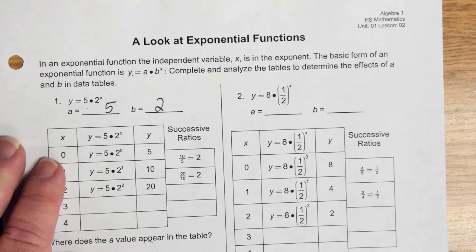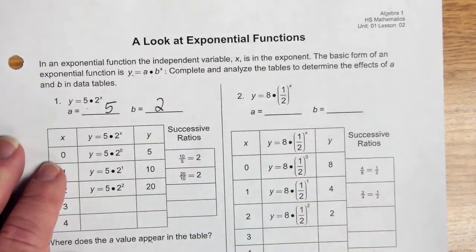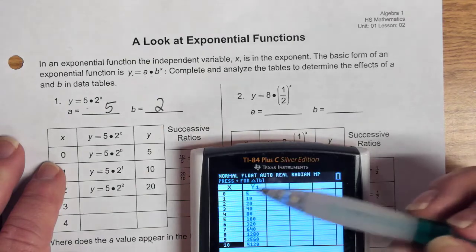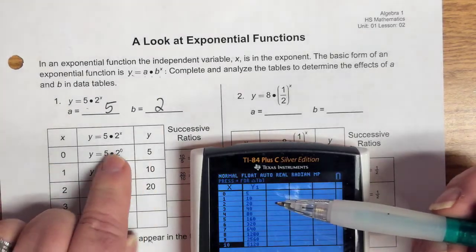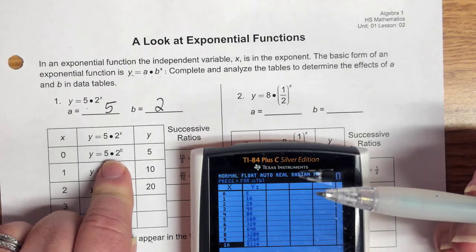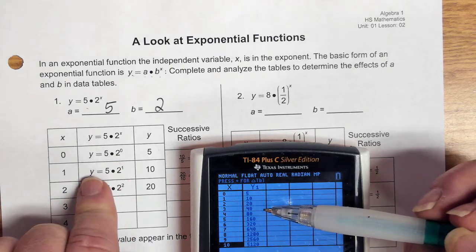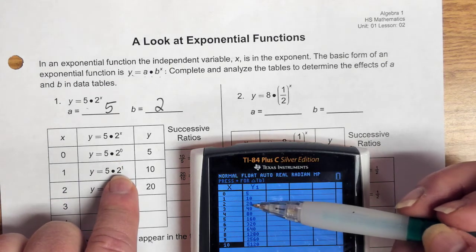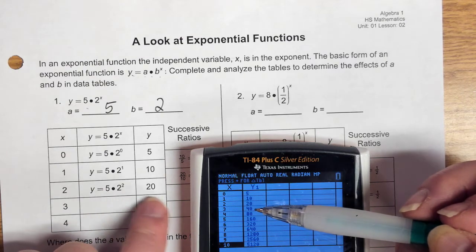So if you look at your table, it's matching this similarly, because when x is 0, y is 5. Why is that? Because anything to the power of 0 is actually what? 1. We've had this conversation many times, all right? So when x is 1, y is 10. When x is 2, y is 20.